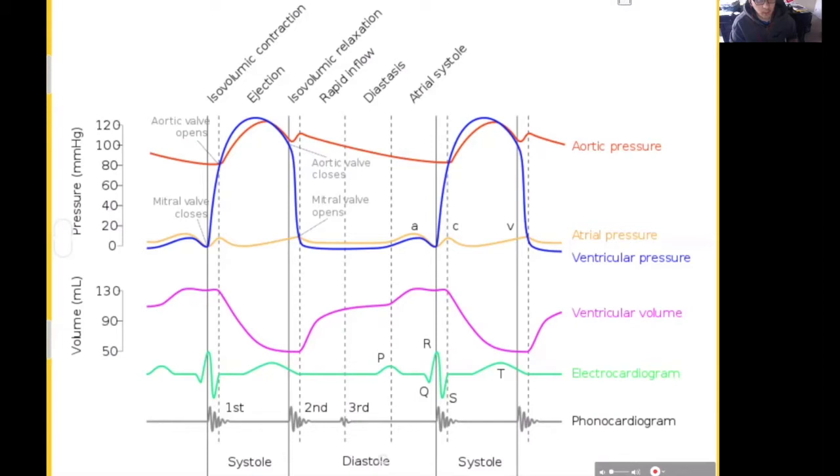When a beat ends, your ventricle is relaxing, and at this point the valve that controls the flow of blood from the atria to the ventricle is closed, because our ventricular pressure at that point is still greater than the atrial pressure. So when that valve is closed, the ventricular pressure is starting to build up and is greater than the atrial pressure.